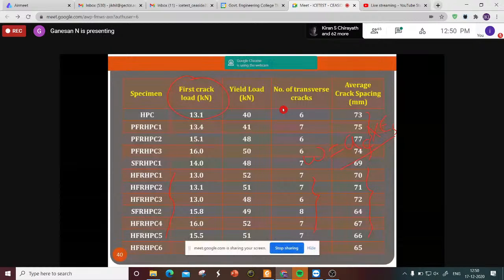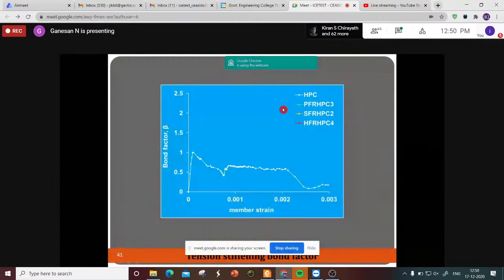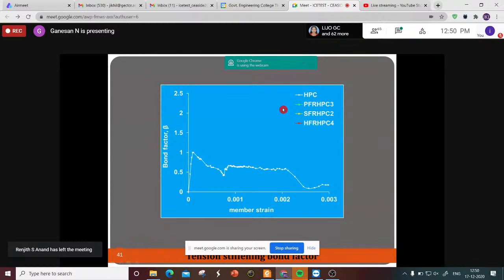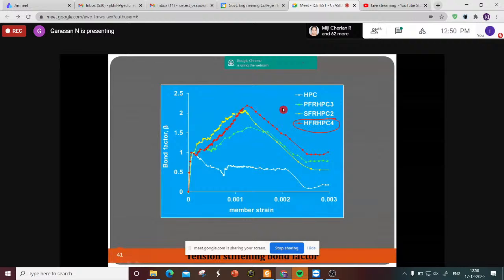Now this is the bond factor which is drawn with member strain. You see for various materials, HFR HPC, and you can see that the bond factor improves in the case of HFR HPC because the low volume, low modulus fibers will bridge across the micro crack and delay the propagation of such cracks.